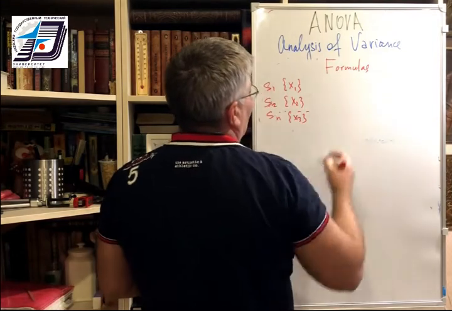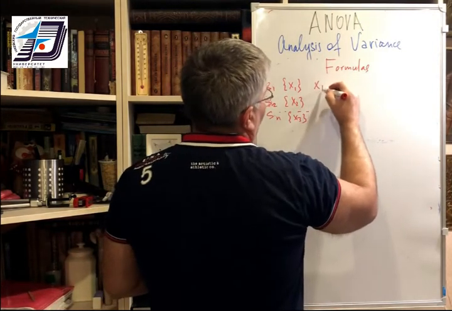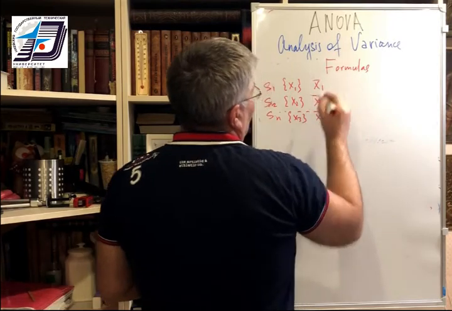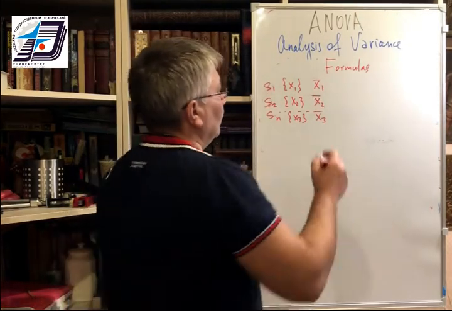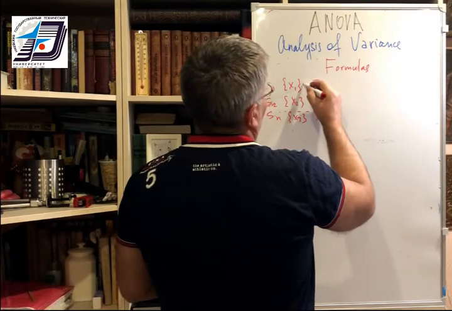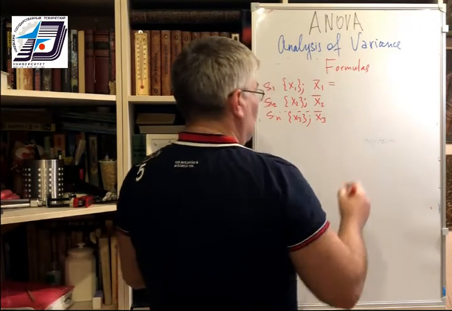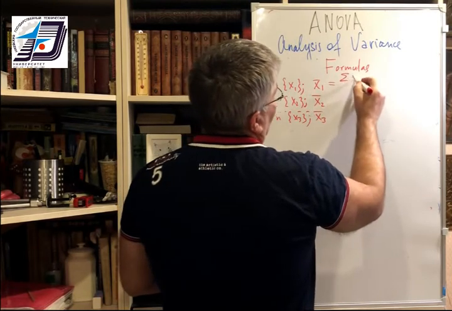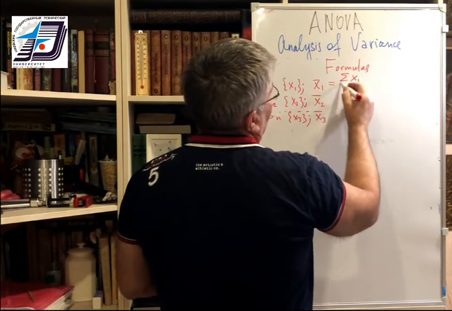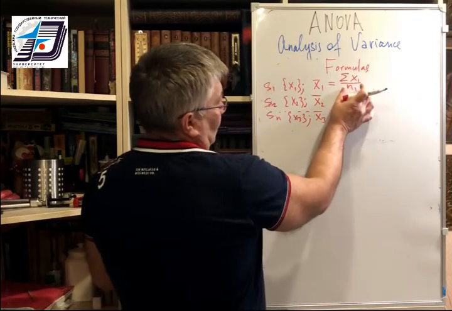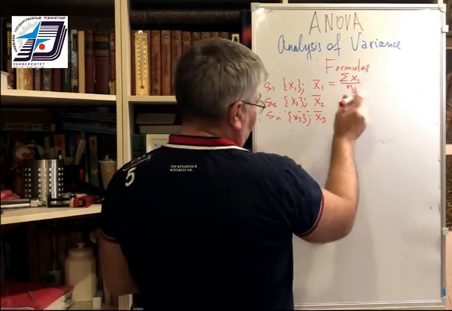So you have to calculate x1, x2, x3, the means of the groups. They are equal to the summation of these x's divided by n, the size of the group sample.